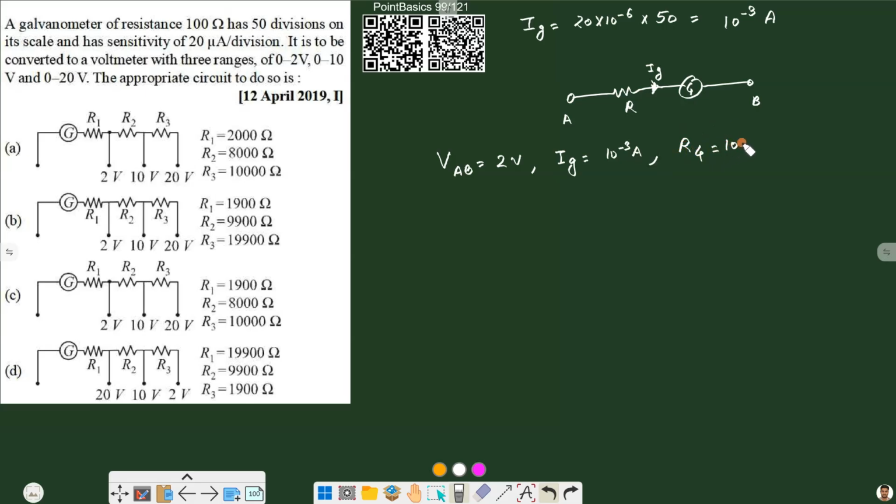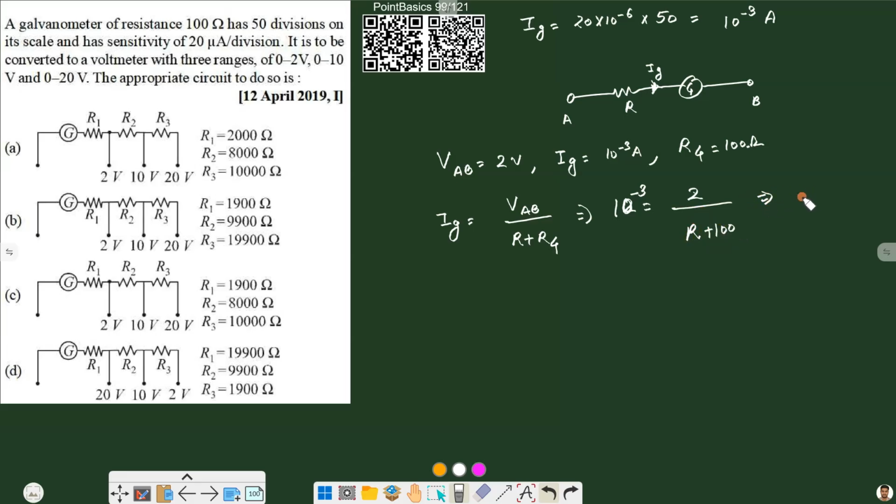The resistance of the galvanometer, that is RG, is equal to 100 ohm. So now using these two values, we can say IG is equal to VAB divided by R plus RG. So 10 raised to power minus 3 is equal to 2 divided by R plus 100.